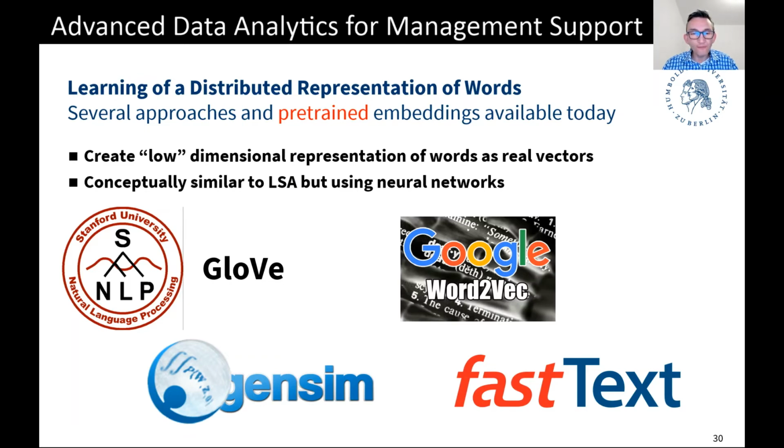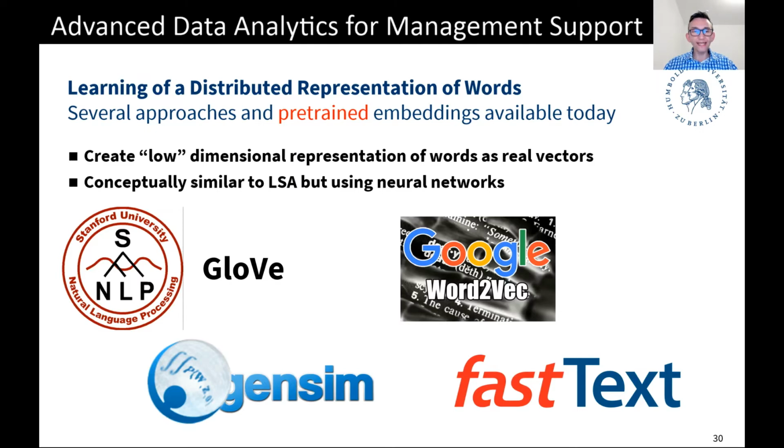Clearly some very prominent examples include Google's Word2Vec and Stanford's GloVe and FastText, which goes back to Facebook. And then there is Gensim also, which is actually a Python library for topic modeling that's used a lot and became quite popular and offers some word embeddings.